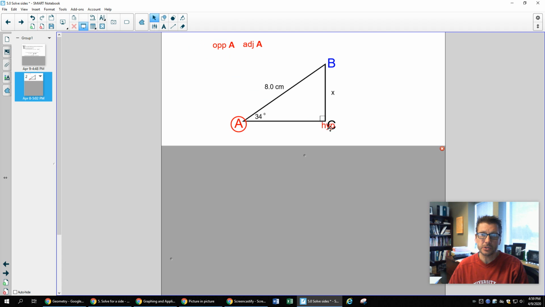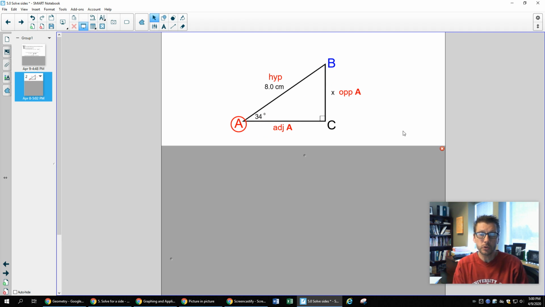So I always look at my right angle and go across from the right angle, and that becomes my hypotenuse. The side that is opposite of A is like a projector again. 34 degrees is my projector, projecting all the way over to the side where the X is. So that is opposite of A. The side that's missing then is the side that's opposite B, or the side that is called adjacent to A.